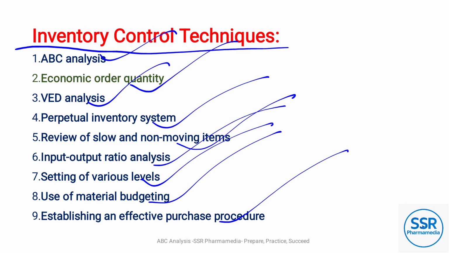So among the 9 techniques, the first one, ABC analysis, always better control, we have already discussed in the previous video. So today we are going to see about economic order quantity.